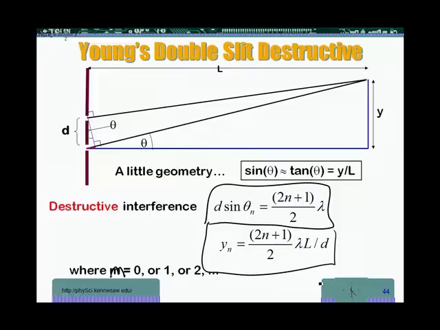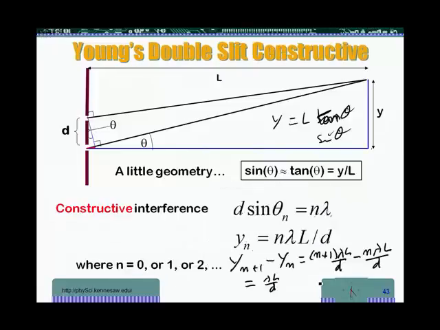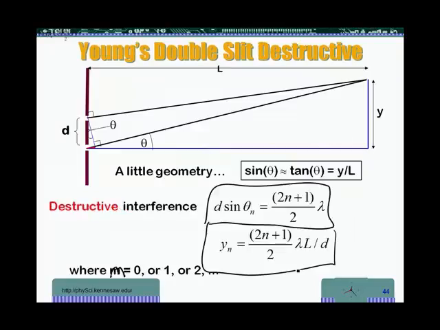So we have the positions for constructive interference, the separation of two bright fringes, and the positions for destructive interference. We have two equations for each.